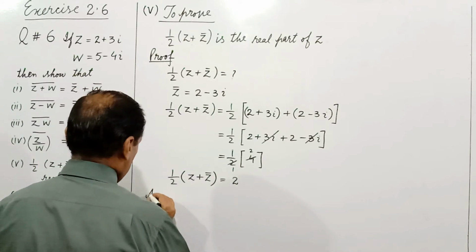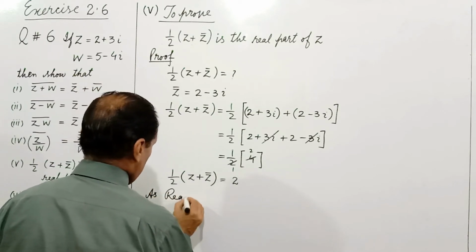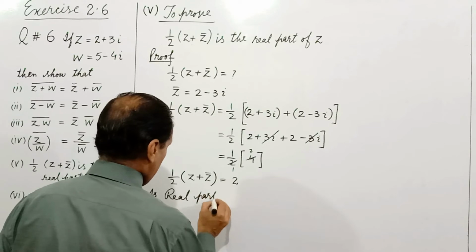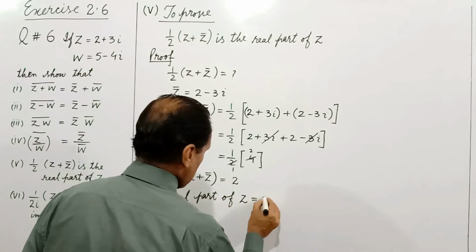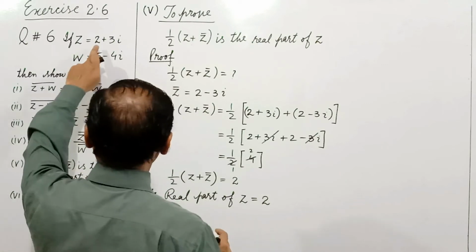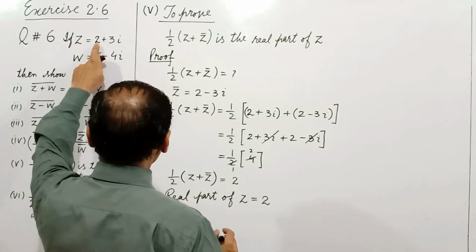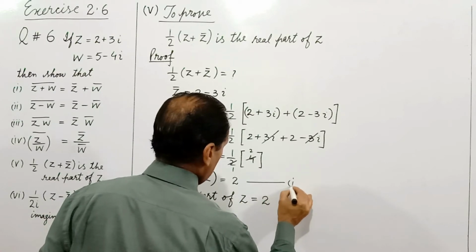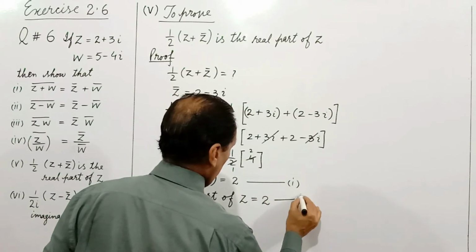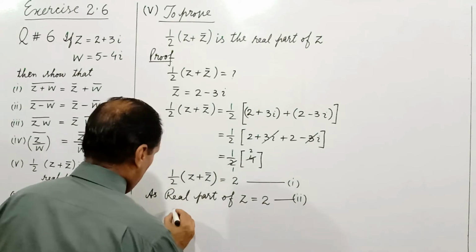As we know that real part of given complex number Z is 2. We observe from over here. That is the real part. We name this 1 and 2 for reference.